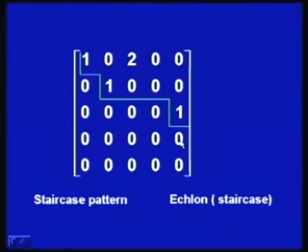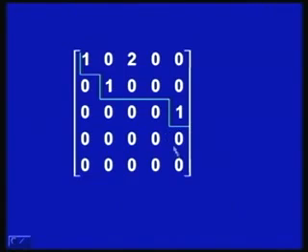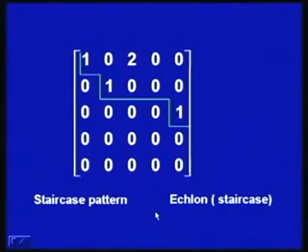So, in row reduced form, one may notice that all elements below this boundary are 0, while the non-zero elements are on the upper side of this boundary. This boundary forms a staircase pattern, and that is why this row reduced matrix is also called the echelon form.